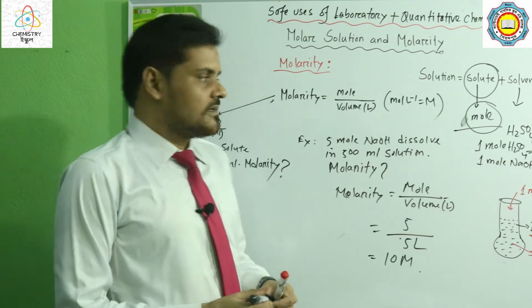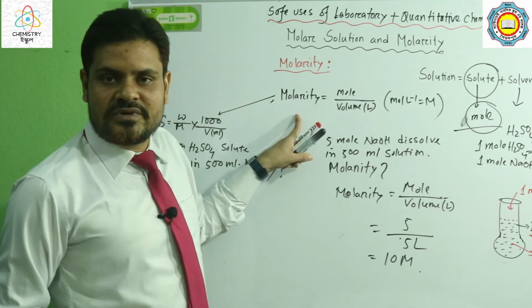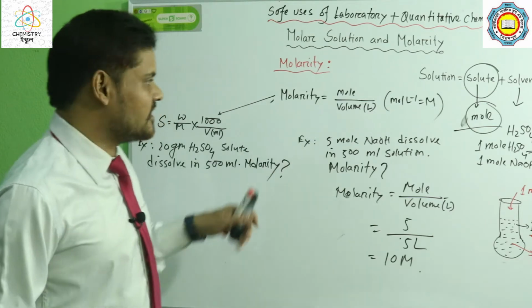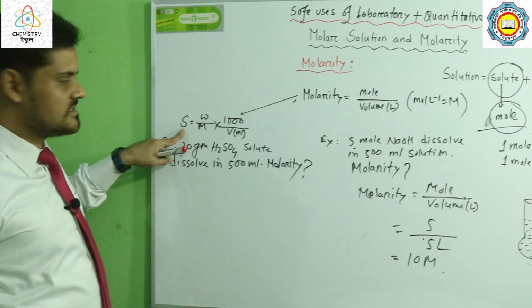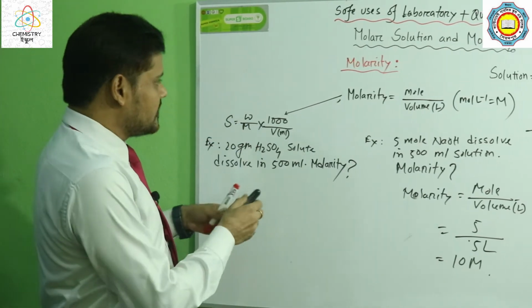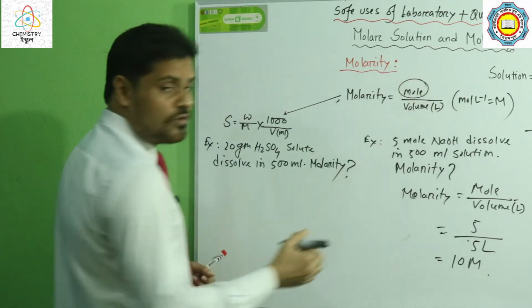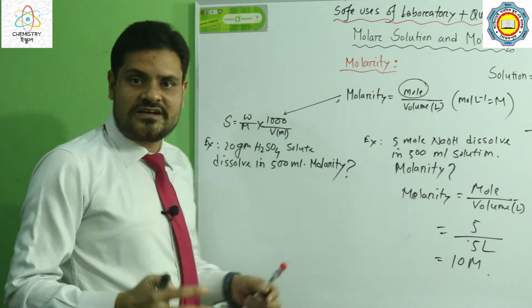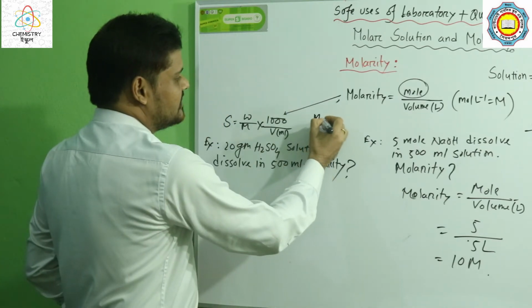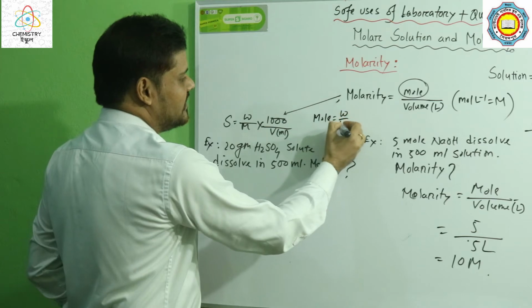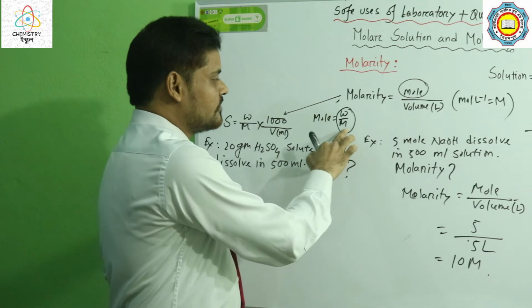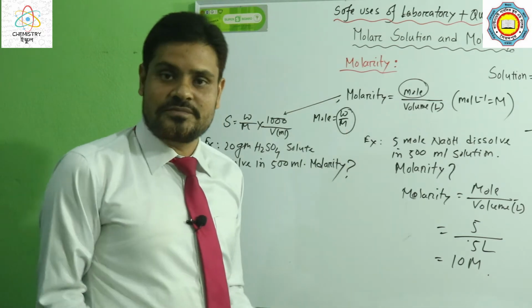Dear learners, this molarity has an alternative mathematical expression. We can write molarity S is equal to W by M into 1000 by V. I mean if we use mole, when we divide the amount of substance by molecular mass, we can easily write W by M. Here W is the mass of solute and M is the molecular mass of that solute.